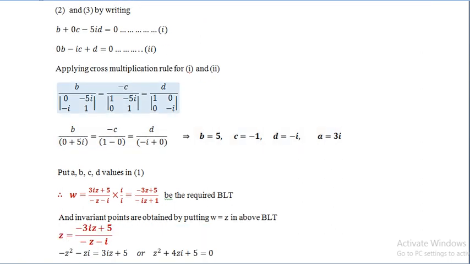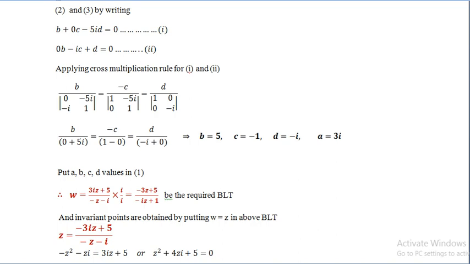So now expand the determinant. So b divided by 0 into 1 0, minus into minus plus here, and 5i into i square value is minus 1, that is minus 5i, but the sign is minus in this direction, so therefore it becomes plus 5i here.